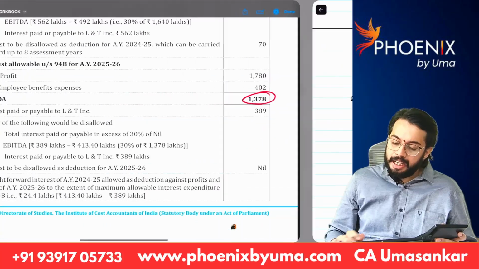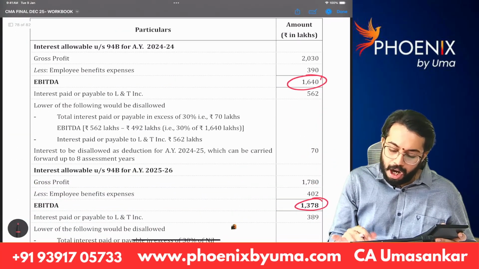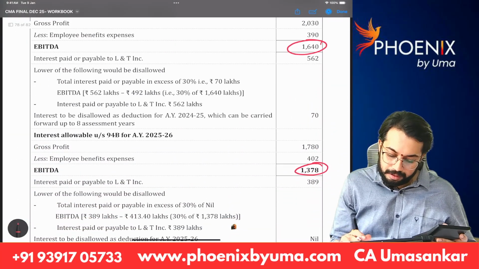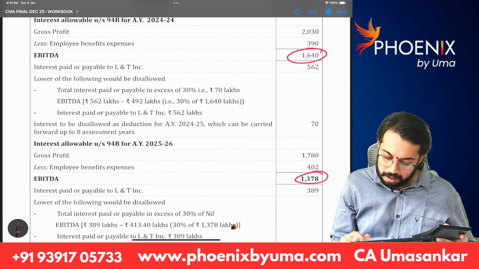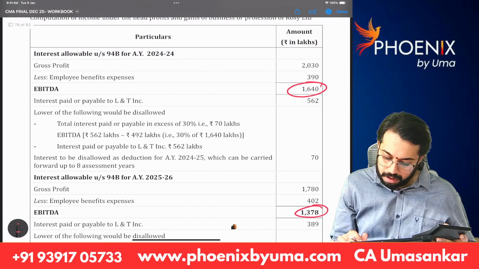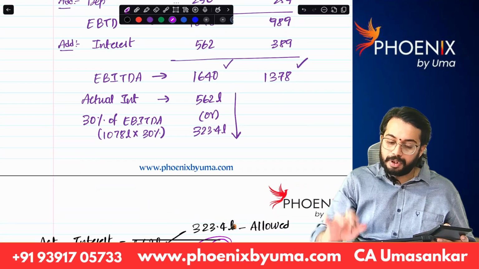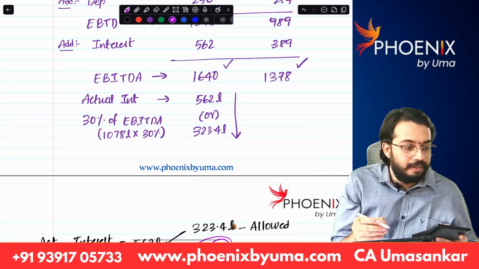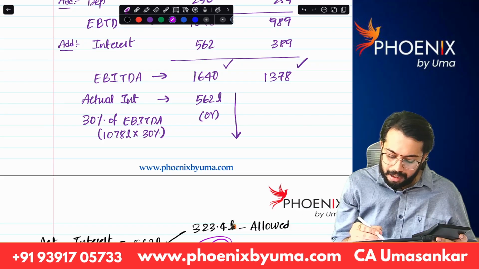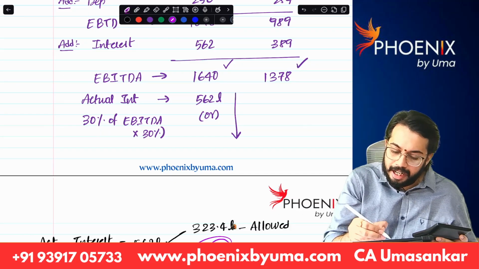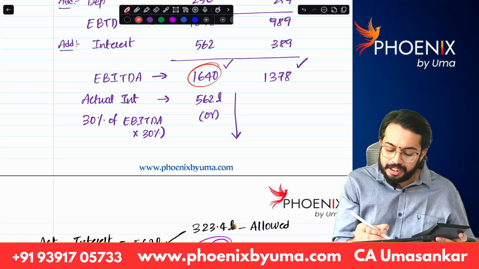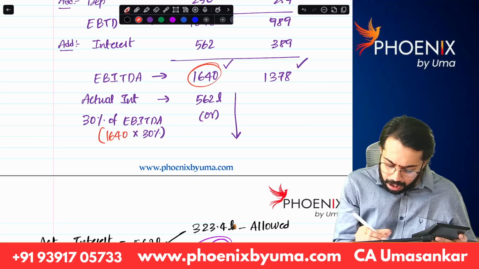So you can see in 23-24, how much is allowed? Hey, I am sorry. I did one calculation mistake. It is not 1078. How much is EBITDA? 1640, right? 1640 into 30%.